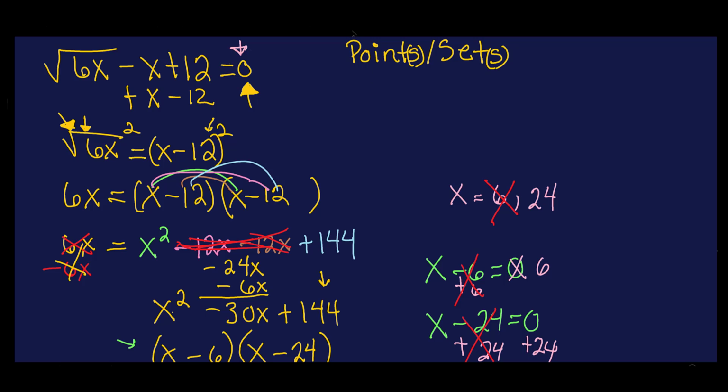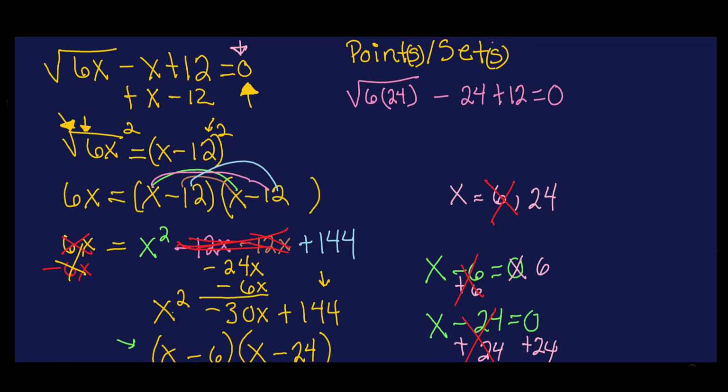That's an actual thing, no solution. So we're going to say 6 times 24, okay, that's where 6x is, minus 24, plus 12 equals 0. Okay, so now we're going to do the math again.